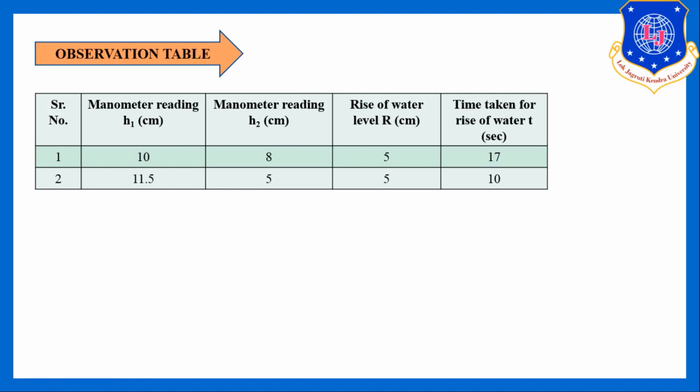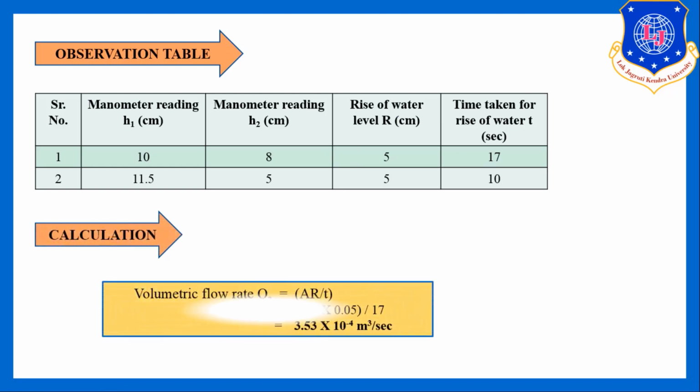Now let's see the calculation part. First we have to calculate the volumetric flow rate QA. QA is equal to AR by T. A is the area of the measuring tank, R is the rise of water level, and T is the time required to rise R centimeter of water level. I have given these calculations for our first reading.